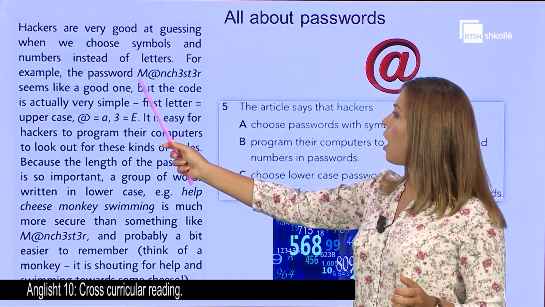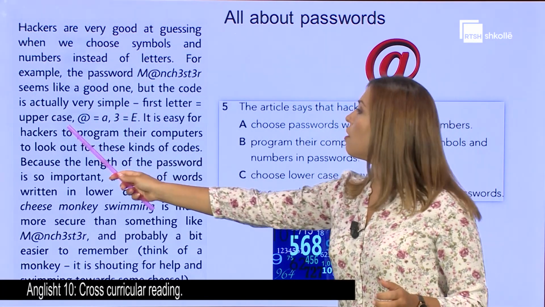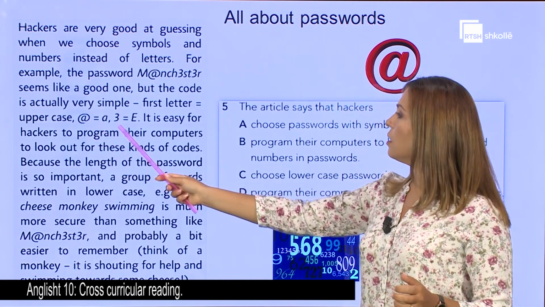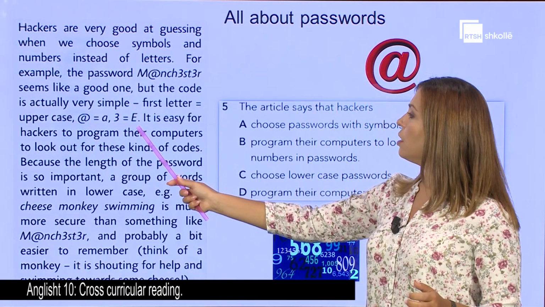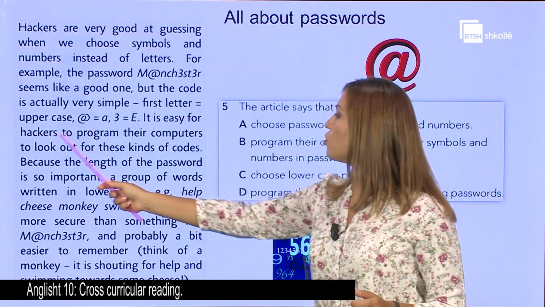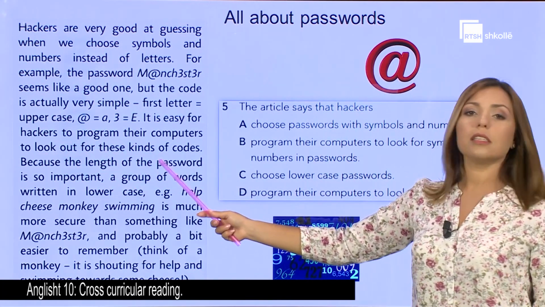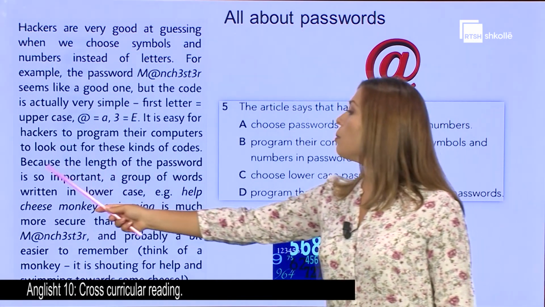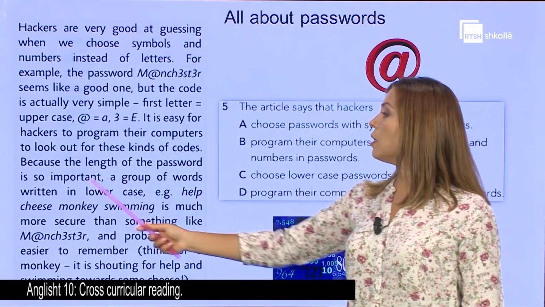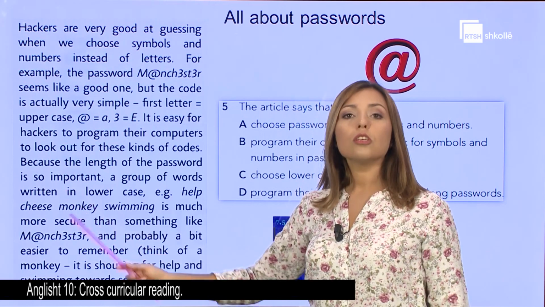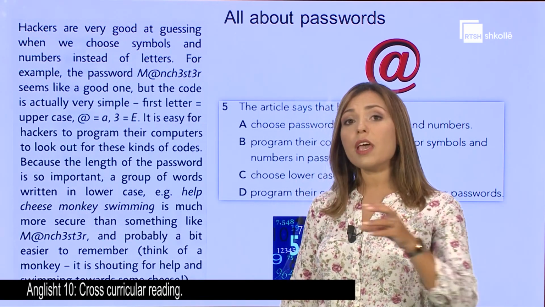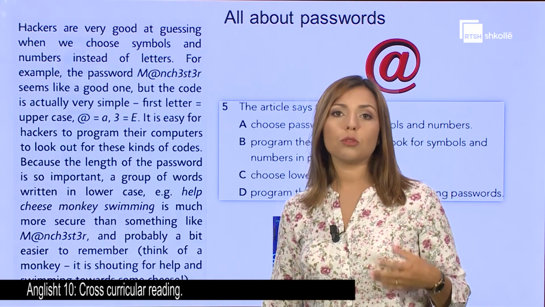First letter, uppercase, then you have A and E. It is easy for hackers to program their computers to look out for these kinds of codes, because the length of the password is so important. So the password has to be very long according to the experts.